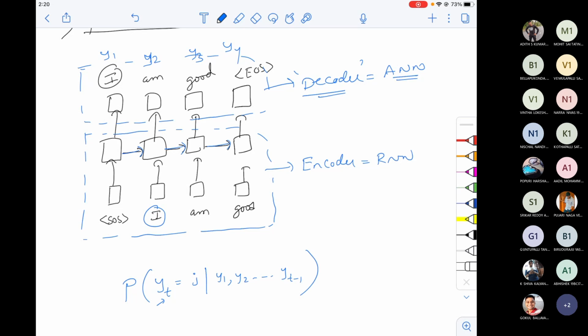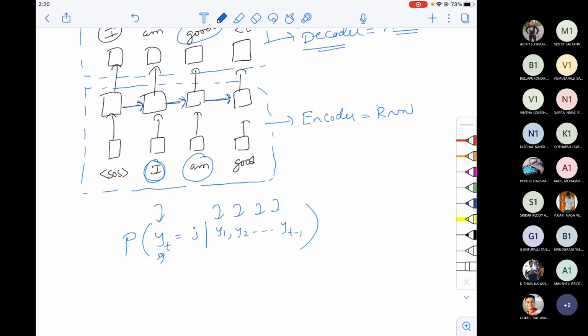Whenever I'm predicting good, I'm able to predict good not just because of am, it is also because of other inputs, I and other things. So when I want to predict the probability of a particular word at tth timestamp, I have to take the words that are outputted at different timestamps, that is y1, y2, y3 till yt minus 1. This is the notation, but what is the formula for this?